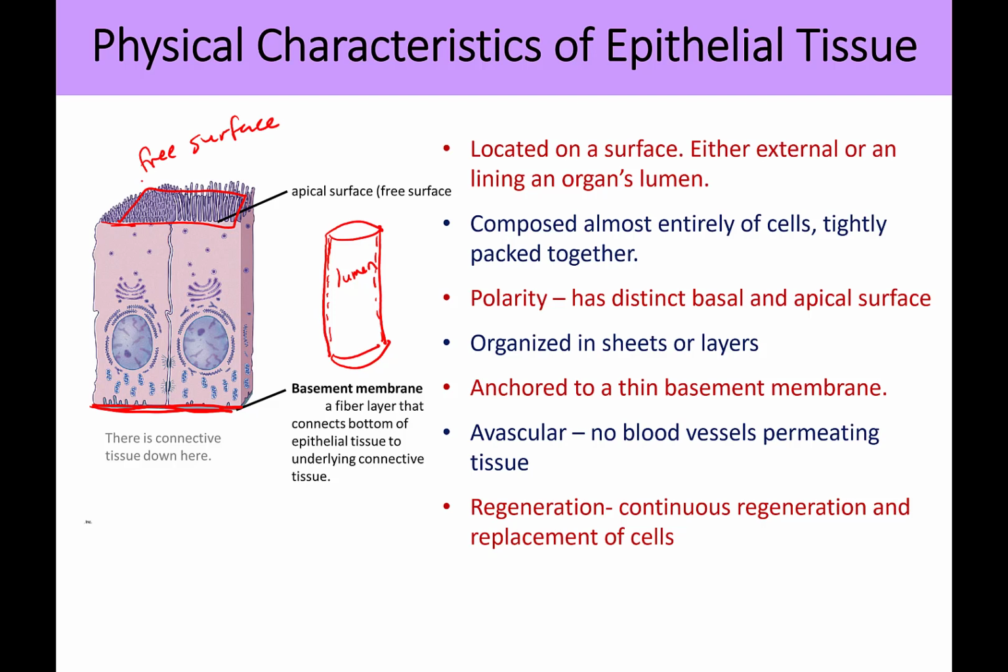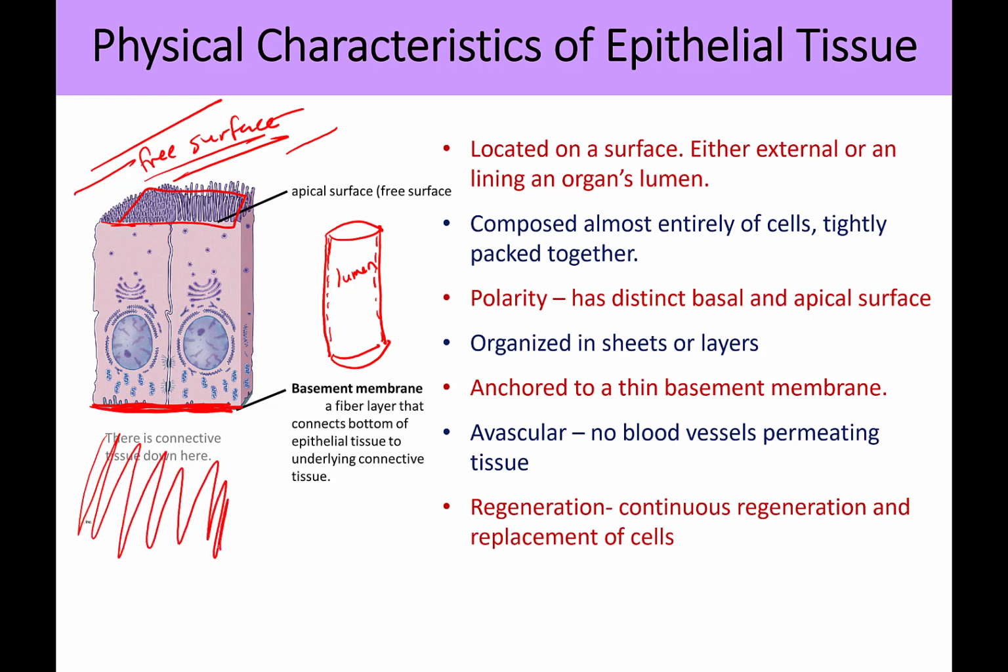So the part that's outside here, those are free surface because I guess they're free. And the basal membrane is the bottom layer here. This layer helps connect the epithelial tissue to the underlying connective tissue. This is how your body is able to hold the epithelial tissue to your body.